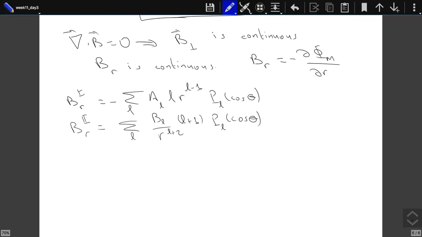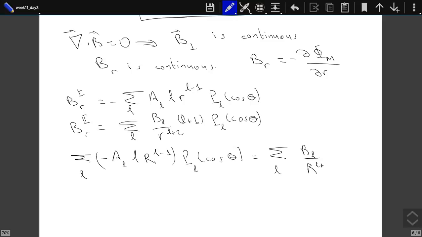On the surface of the sphere, these two radial components have to be equal because the divergence of B is 0. And this tells me that sum over L of minus A_L L r^(L-1) P_L of cosine theta should be equal to sum over L of B_L over r^(L+2) multiplied by (L+1) P_L of cosine theta.